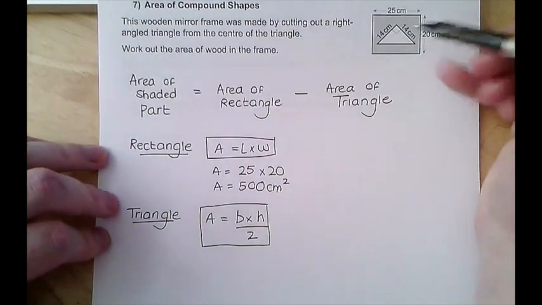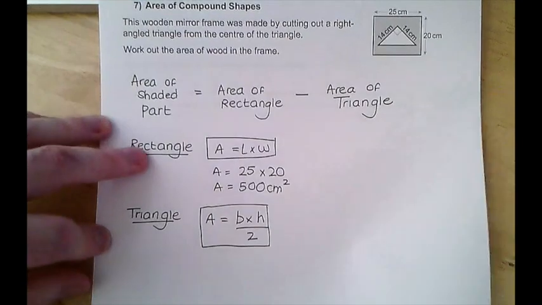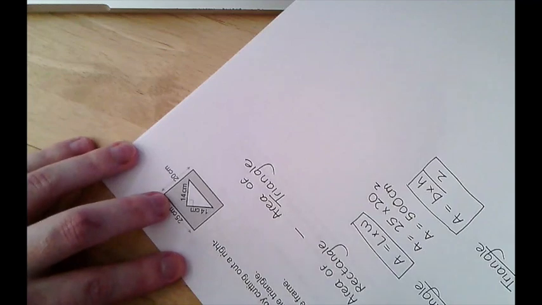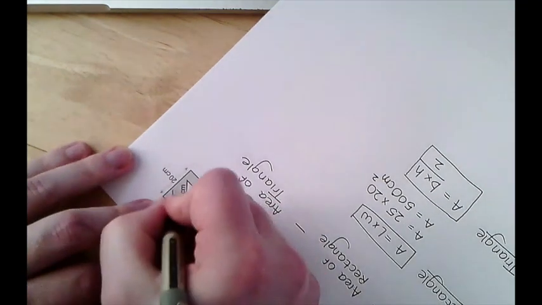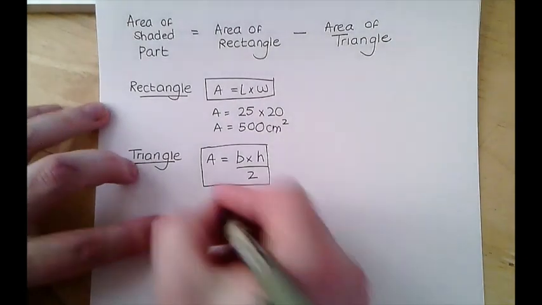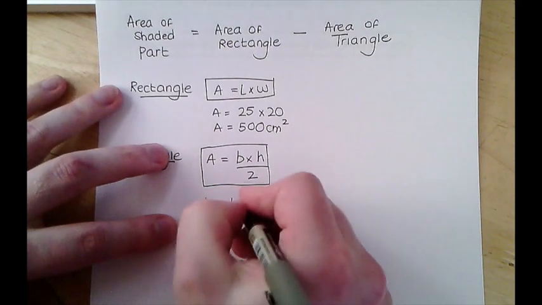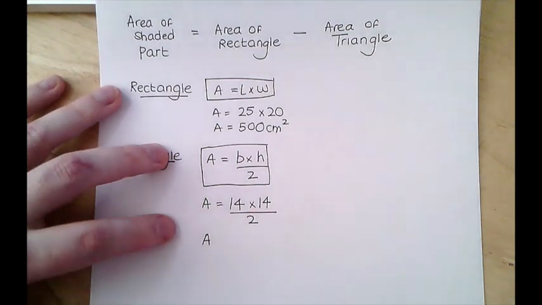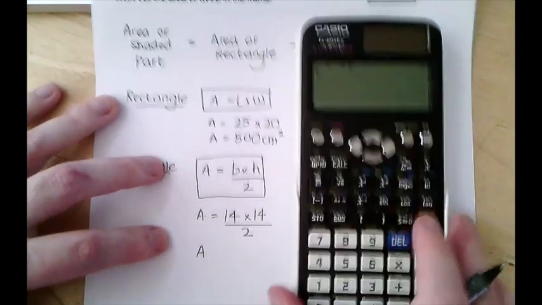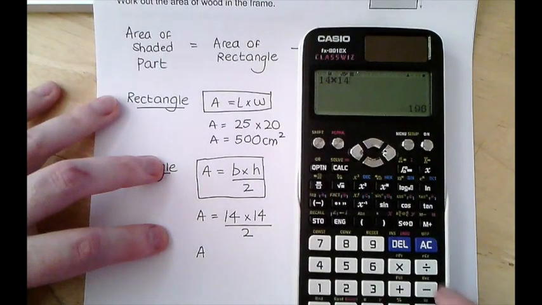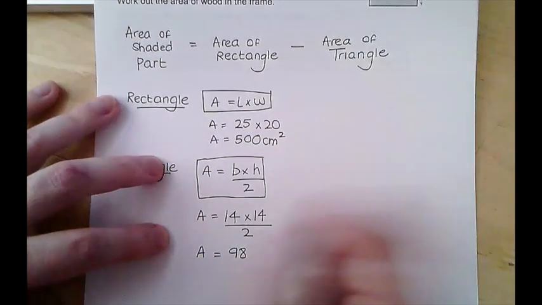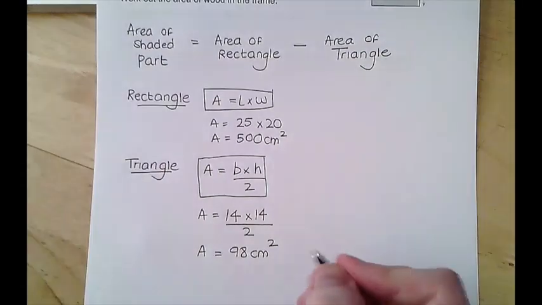Now, the triangle's slightly wonky, but if I give you a little hint, if I did that, it would be a lot easier. So that's your base, that's your height. So the area is base, which is 14, times height, which is 14, divided by 2. 14 times 14 should be 196, divided by 2 is 98. So that's 98 centimetres squared.